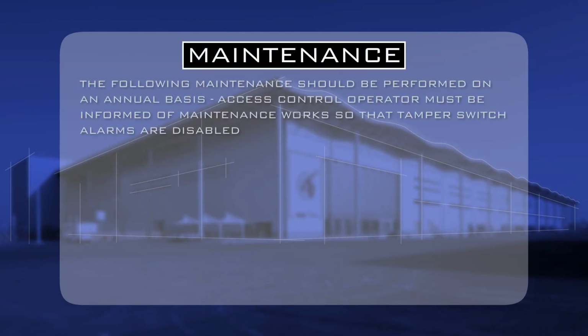A series of maintenance procedures should be performed on the system annually. The access control operator must be informed of any maintenance works so that the tamper switch alarms are disabled. To carry out a visual inspection, unlock the ICB panel. Open the circuit breakers.